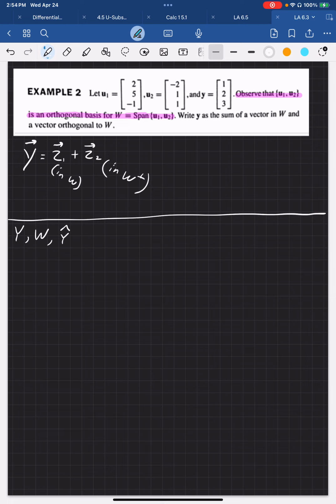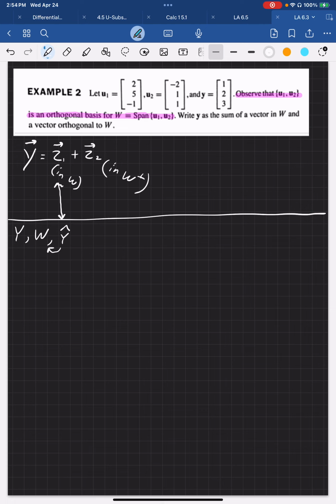If you look back at your notes, you would see that what I wrote is y is a vector in subspace W. So I'm not quite sure why the textbooks decide to switch up notation like this. But do you agree with me that that meets the requirement for what we've called Z subscript 1, right?